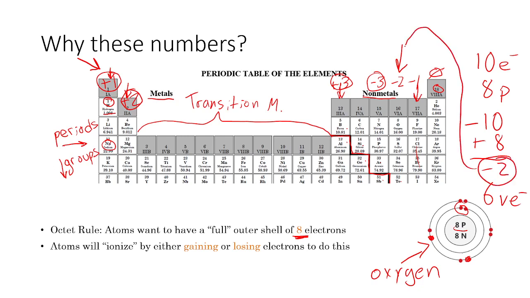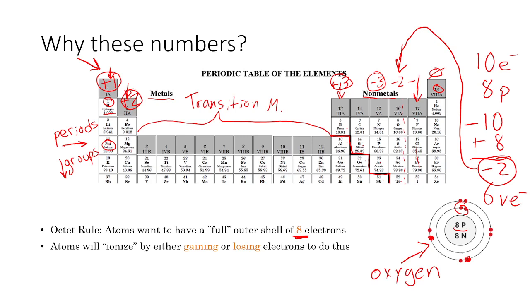And that is where this -2 charge comes from for all of these elements in the oxygen group. It's all the same logic. They have an outer shell with 6, they would like to get 2 more, and that causes them to have an ionic charge of -2.